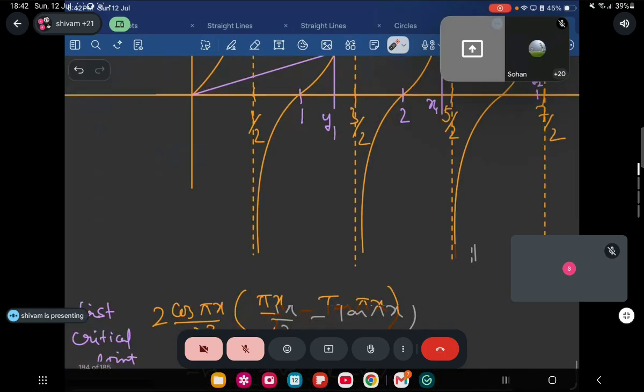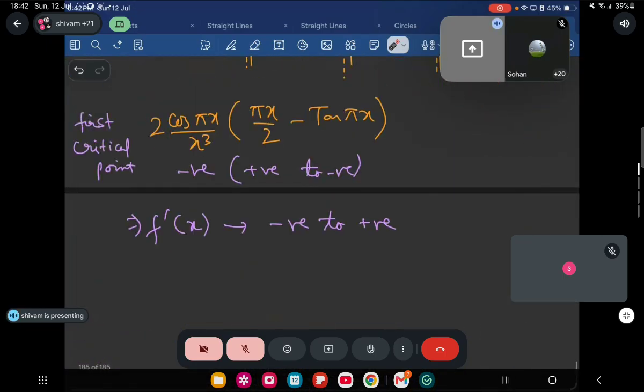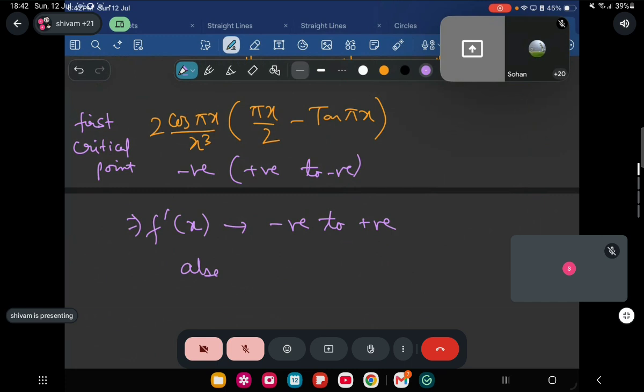So can I say that 3 by 2 minus y1 is greater than 5 by 2 minus x1? Anyone having any doubt, you can ask me in this step. And consecutively it will keep on happening between the consecutive points.